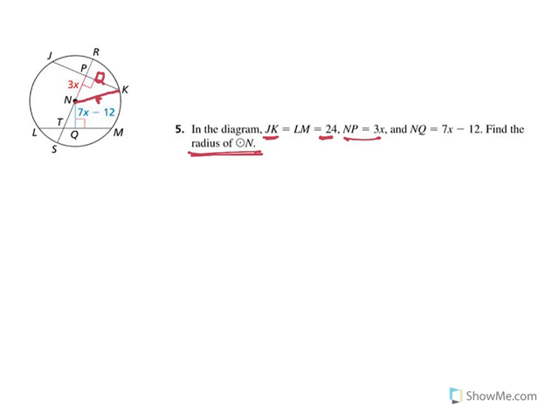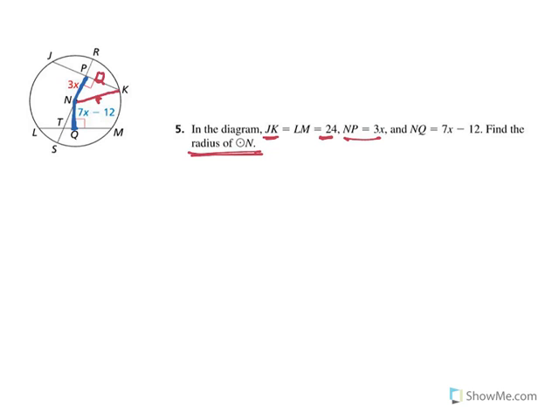Now, they've given us this 7x minus 12 and this 3x. Those are our pieces that would be congruent because they're equidistant to the chords.